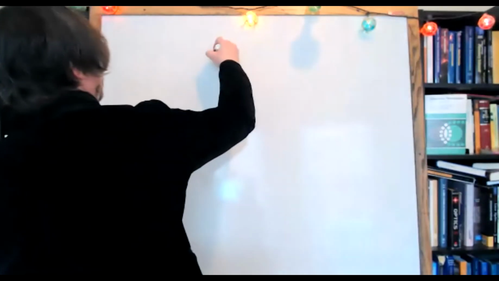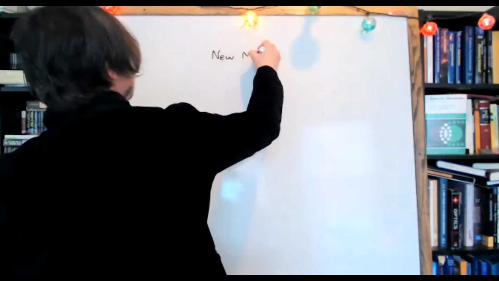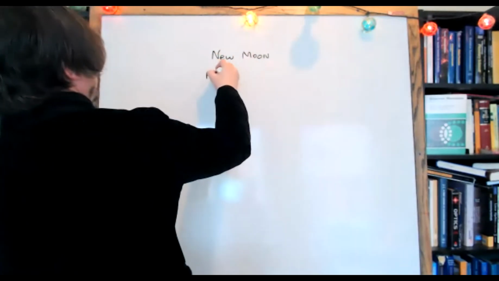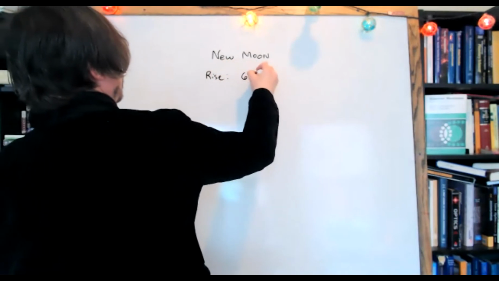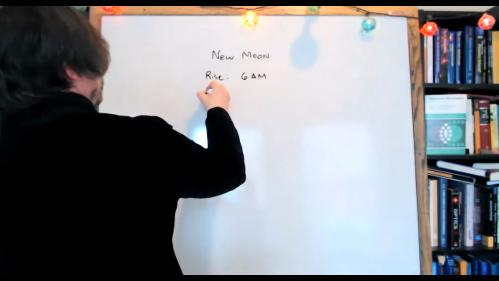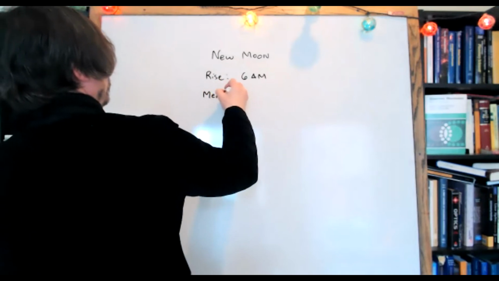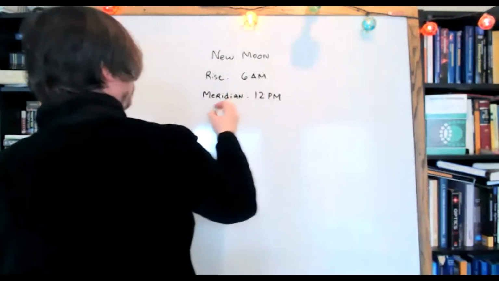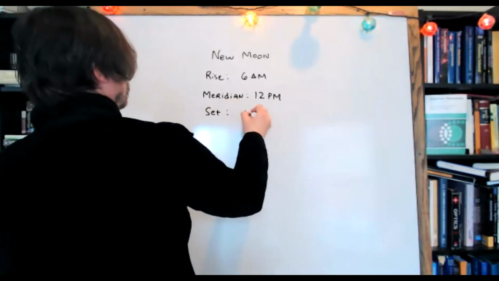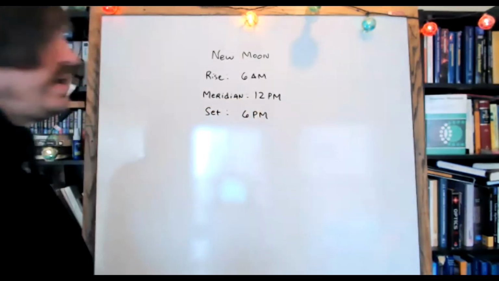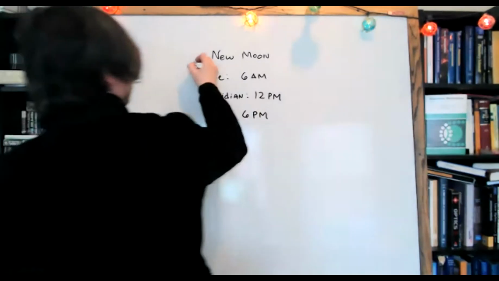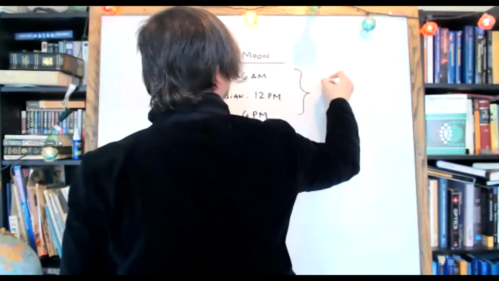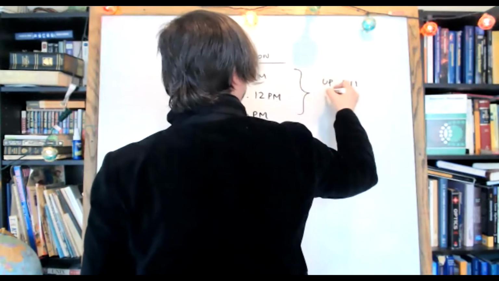All right, so let's talk for a minute about the new moon. The new moon will rise at 6 a.m. It will reach your meridian at 12 p.m. It will set at 6 p.m. In other words, we have just learned that the new moon is up all day.